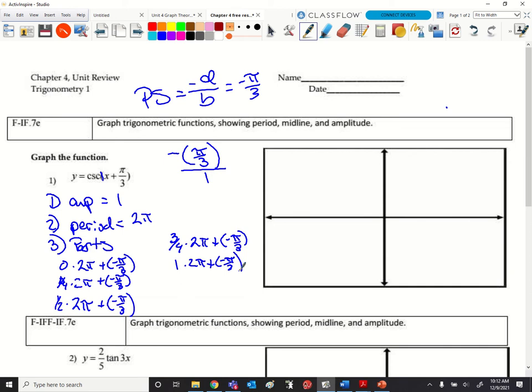By going through and doing this, this is going to be 0. This one's negative pi over 3. And this next one's going to be pi over 2, 3 pi over 6 minus 2 pi, so it's positive.